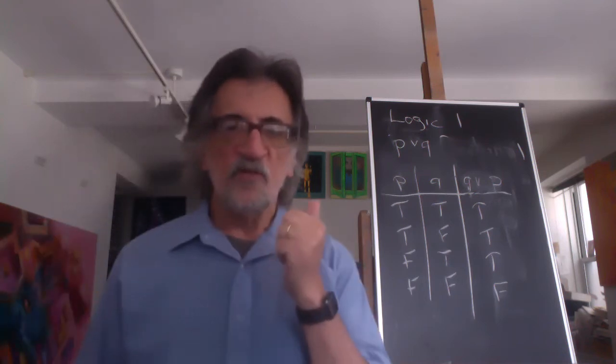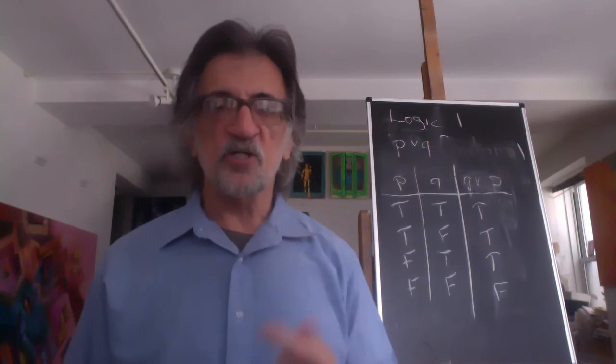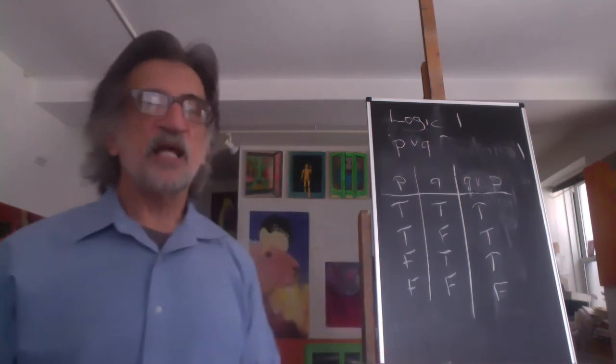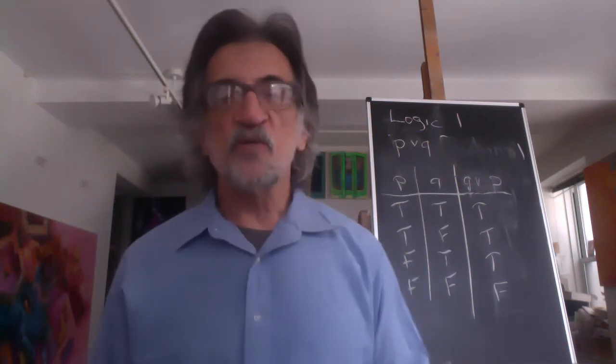So far, we've looked at negation, conjunction, and disjunction. Today's session has one more connective, the material conditional. And this one, I'm afraid, is the only one that's a little bit tricky.